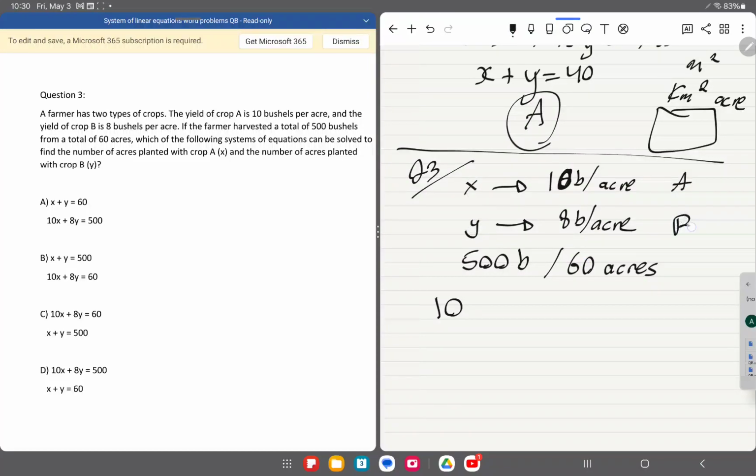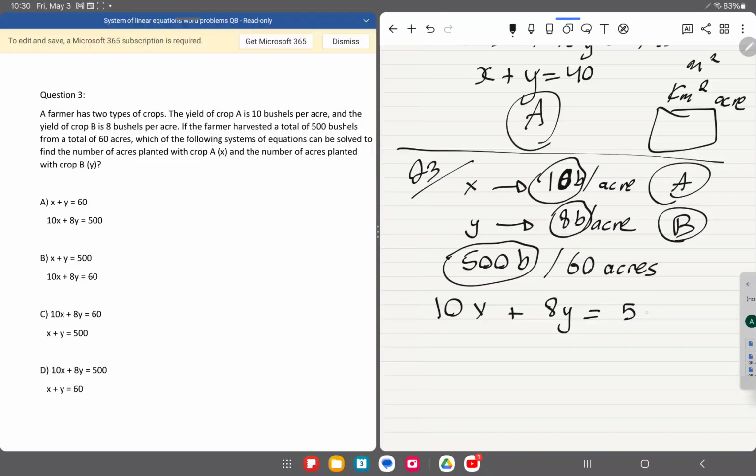This is A, this is B. Okay, so 10X plus 8Y is going to be equal to the bushels, which is going to be equal to 500. And X plus Y is going to be equal to 60.